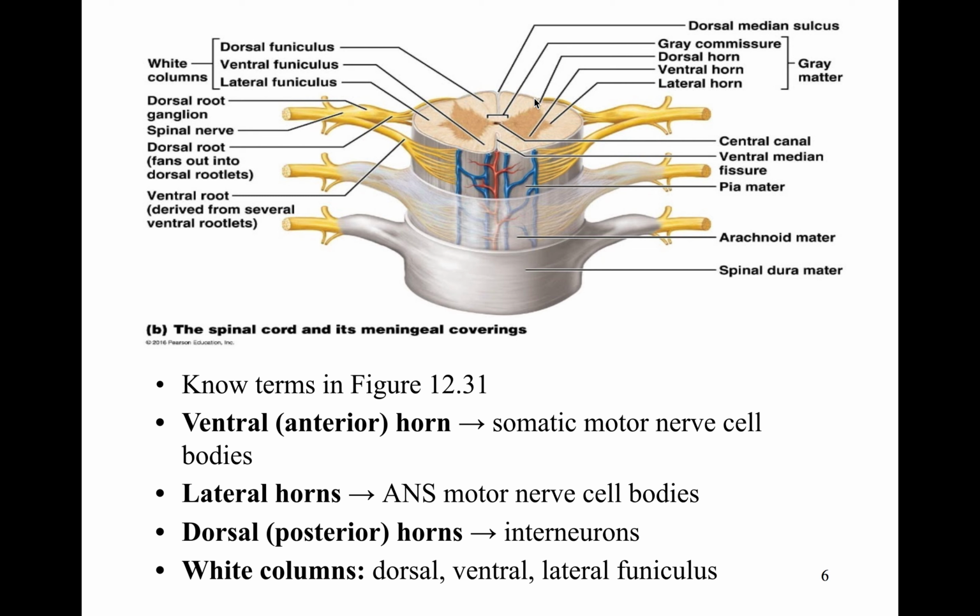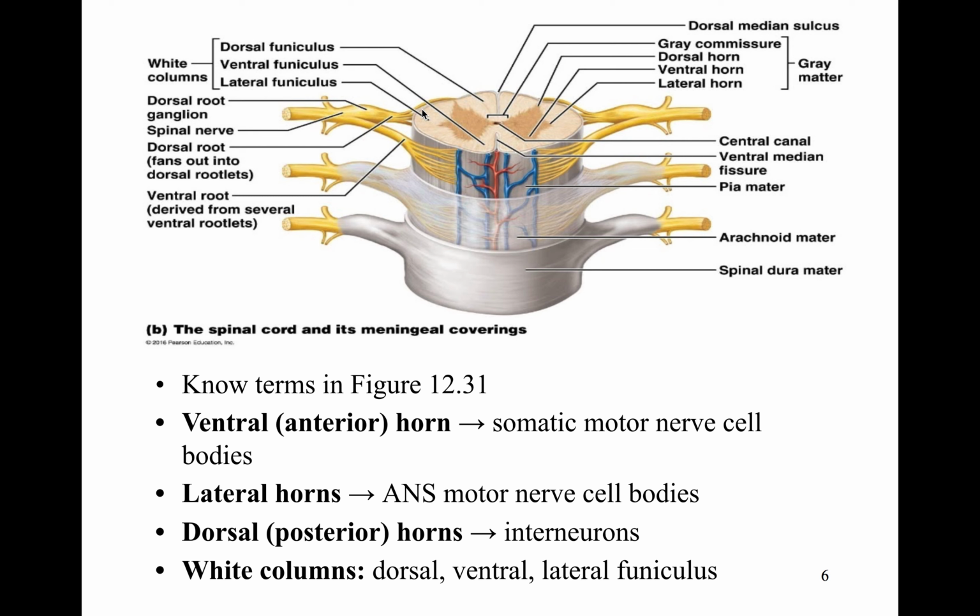In addition to the gray matter, we have surrounding white matter. The white matter surrounding the gray matter can be divided into columns. We've got a dorsal column, ventral column, and then lateral column.